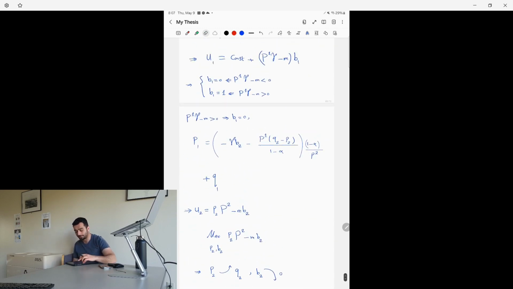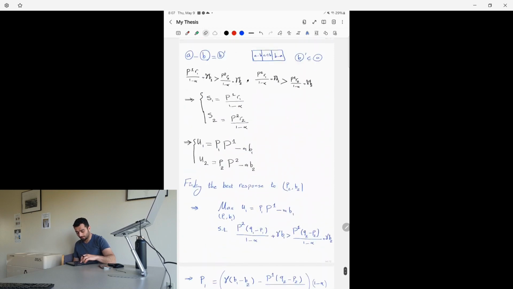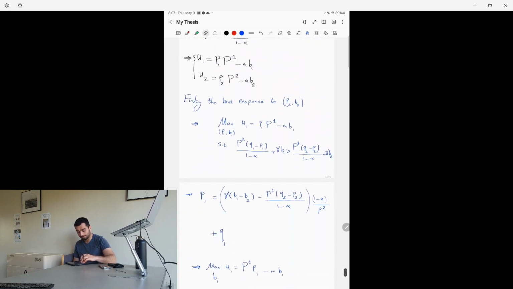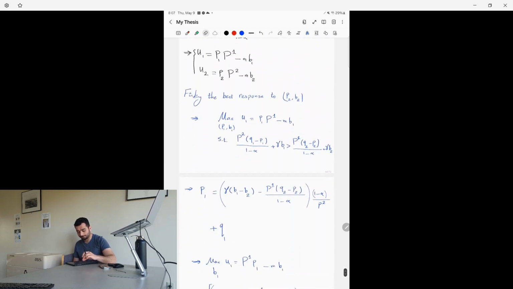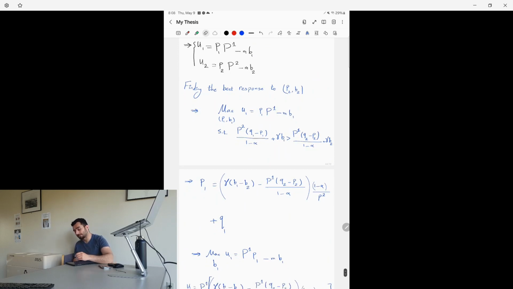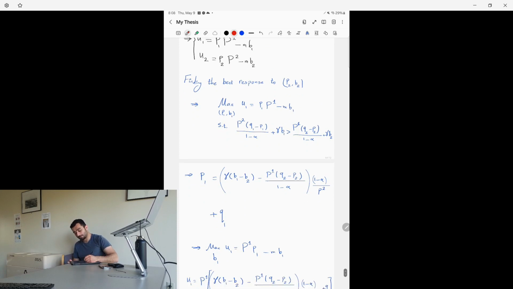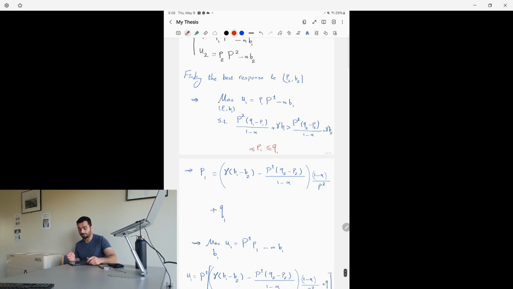When did it happen? When did we miss it? It was here, right? It was here that we missed it. So we have this extra assumption that P1 is less than Q1, right? And here it says that this is the constraint that is binding, not the other one.